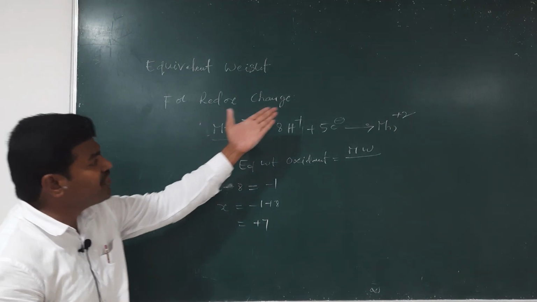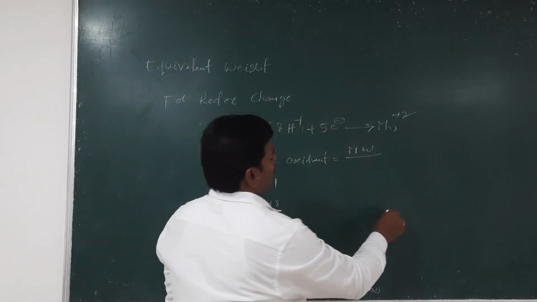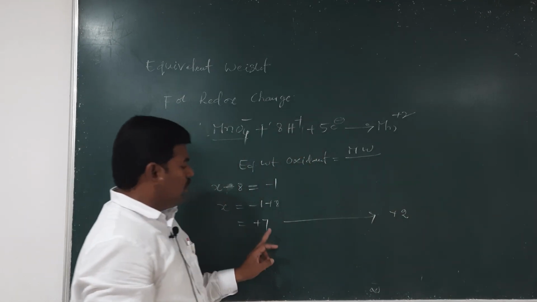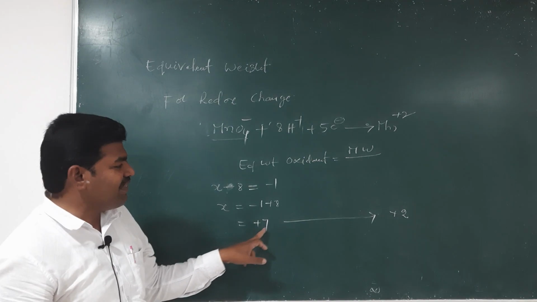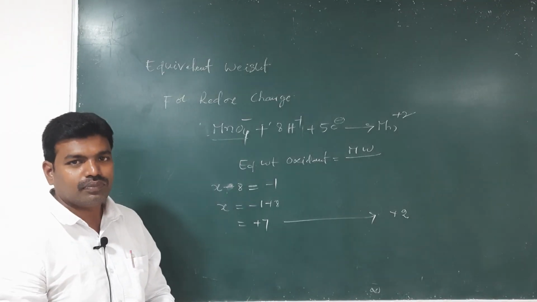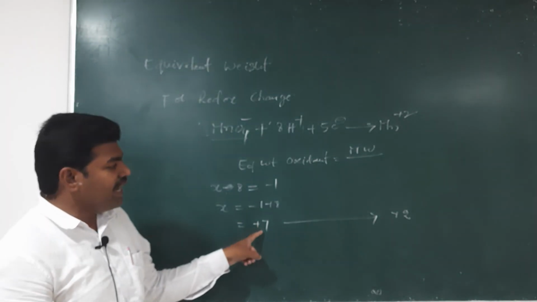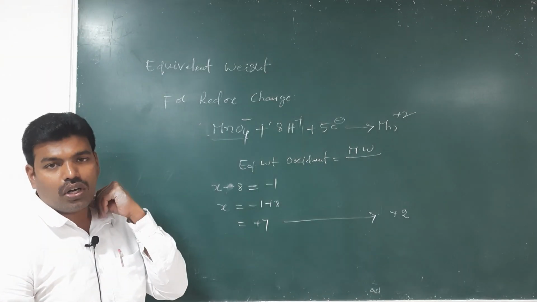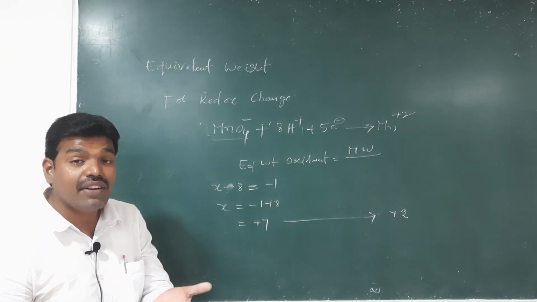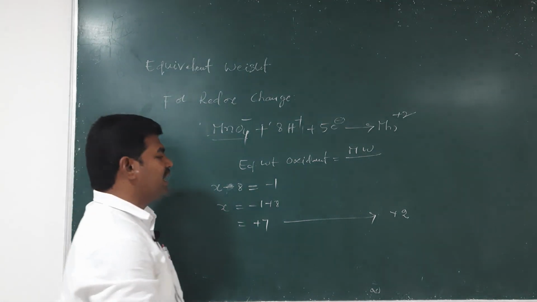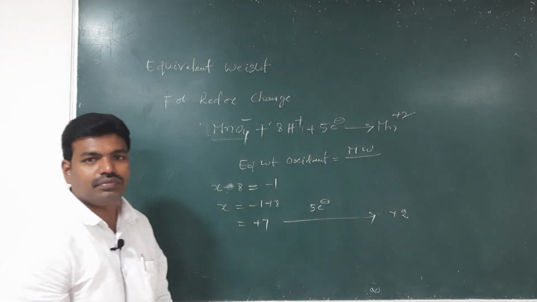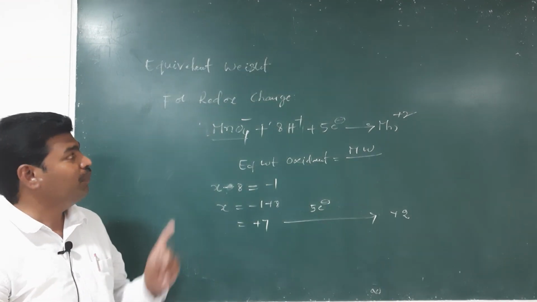And it changes to plus 2. So plus 7 to plus 2. Here gain of electrons takes place. Already I told you, an oxidizing agent itself gains electrons. It gains 5 electrons for 1 mole of MnO4.